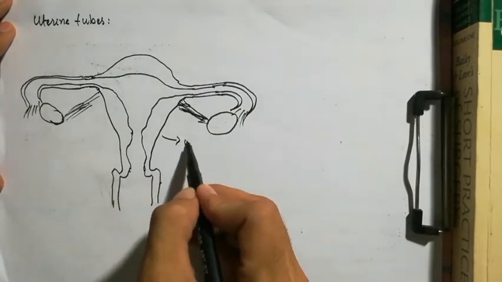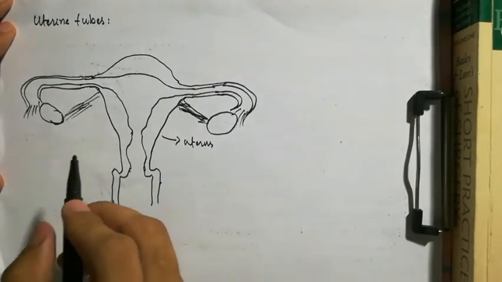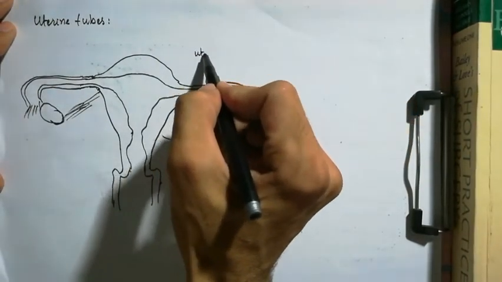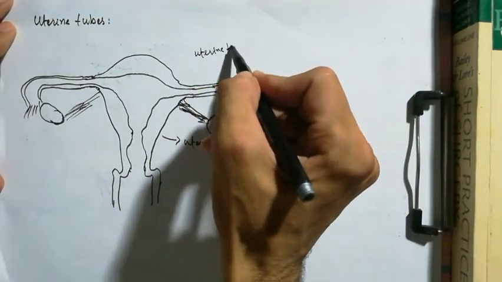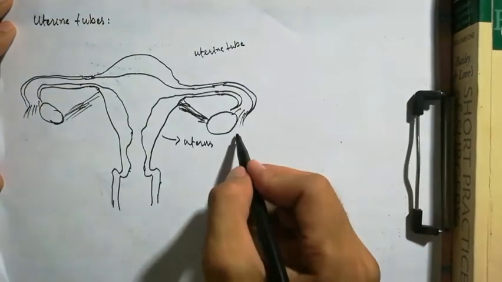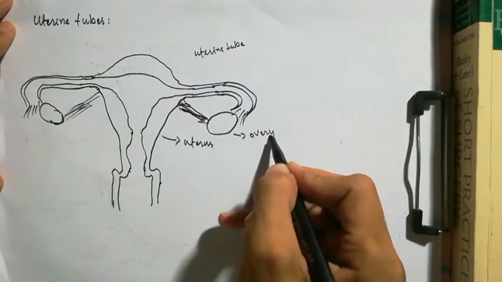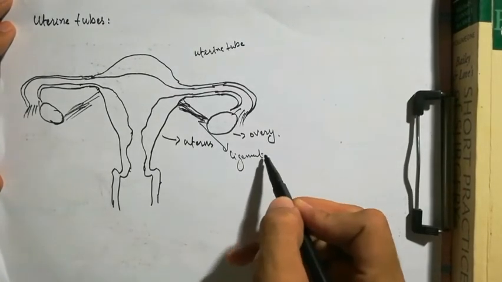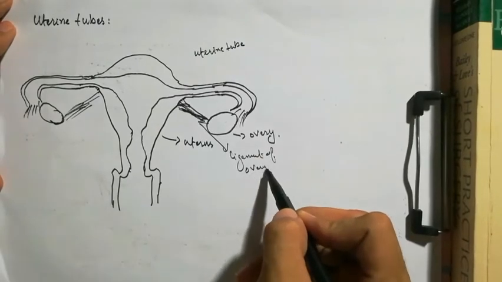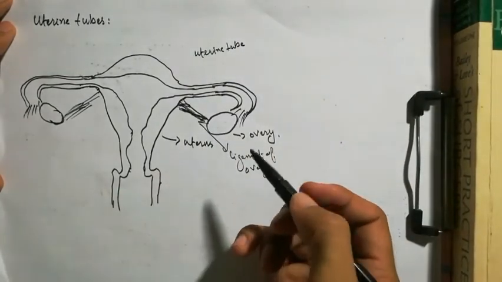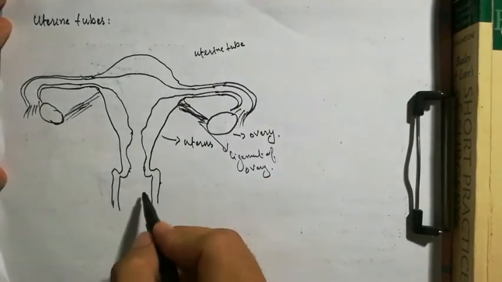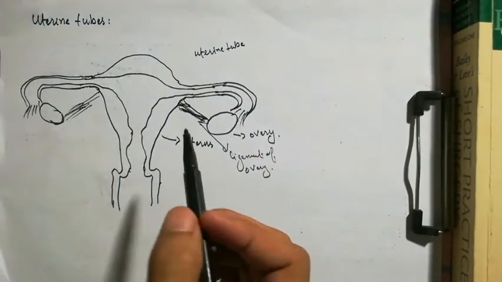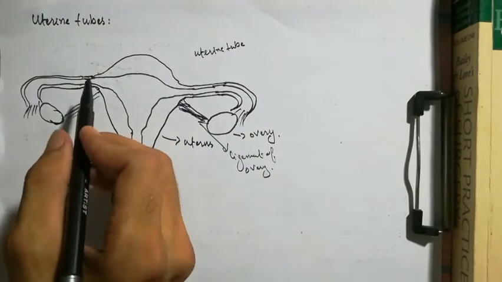So this is uterus, uterine tube, this is uterine tube, this is ovary, this is ligament of ovary, and this is vagina, cervix.